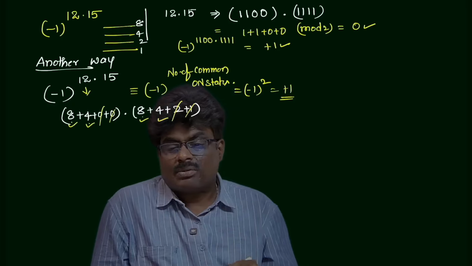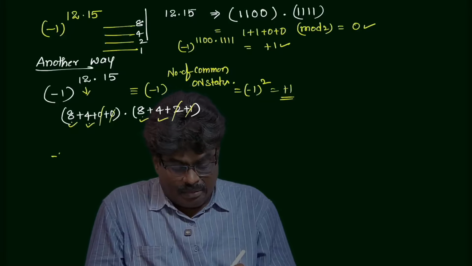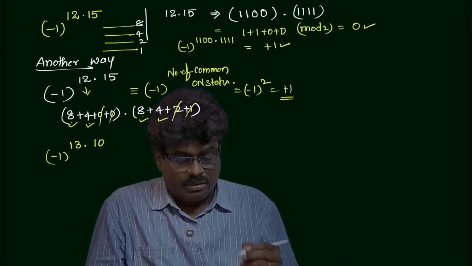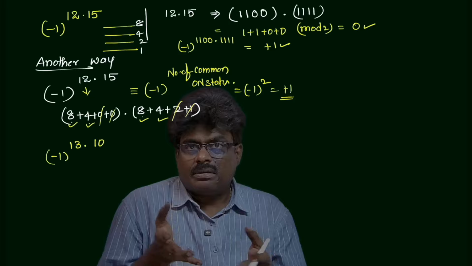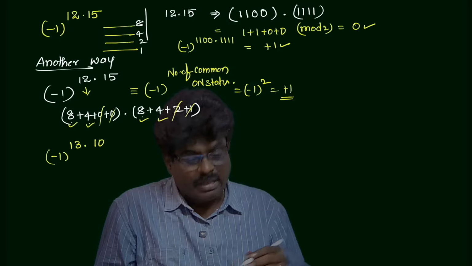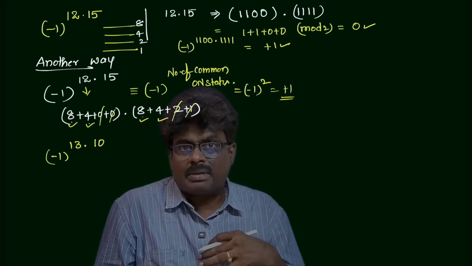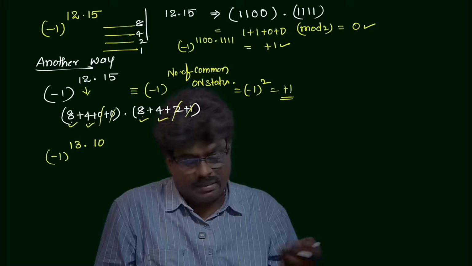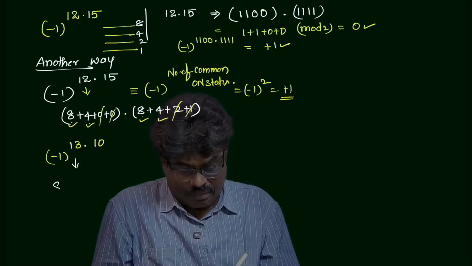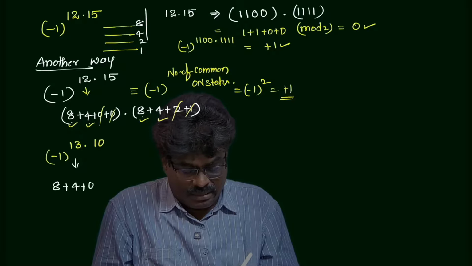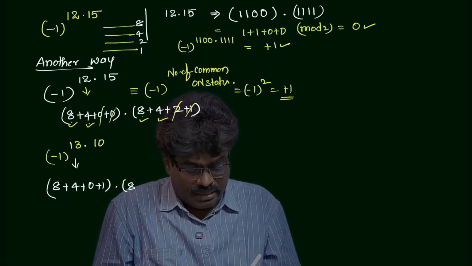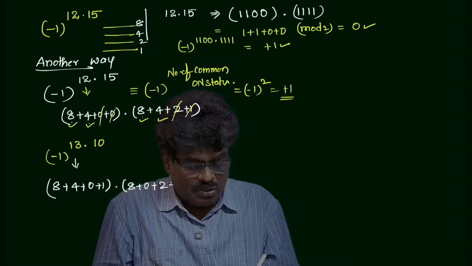Let us try one more. So for example, if you have minus 1 whole power 13.10. First I'm writing in the decimal notation. If you want, you can write the binary also. Let me find with my method, and after that we will do with the binary dot product. So here we have 13, that is 8 plus 4 plus 0 plus 1, dot 10, that is 8 plus 0 plus 2 plus 0.